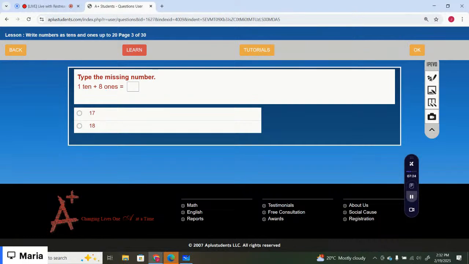10 and 8 ones, which is the correct option? 10 and 8 ones makes 18. Option 2 is the correct option.